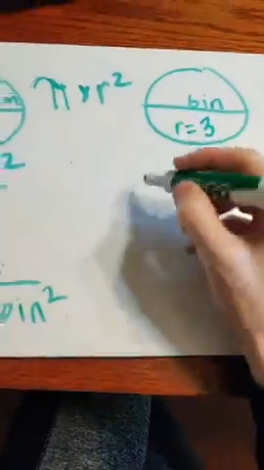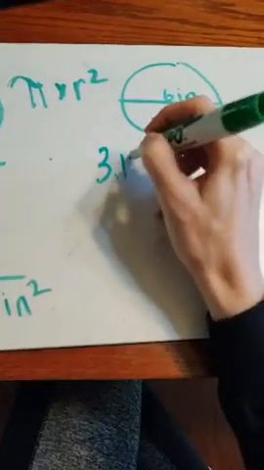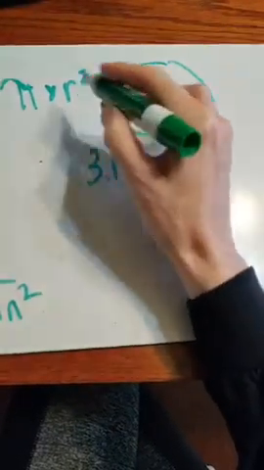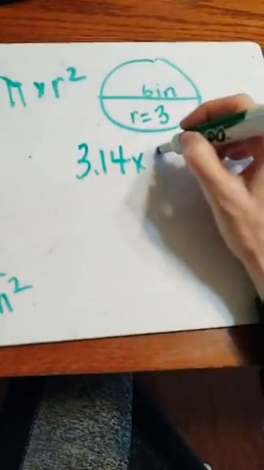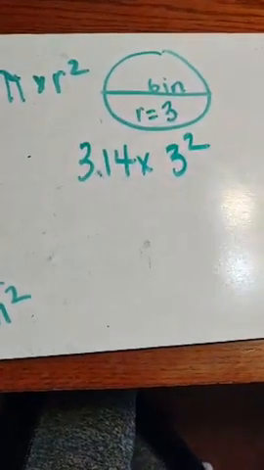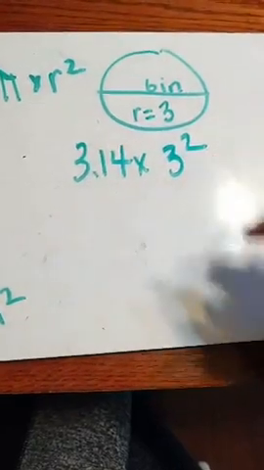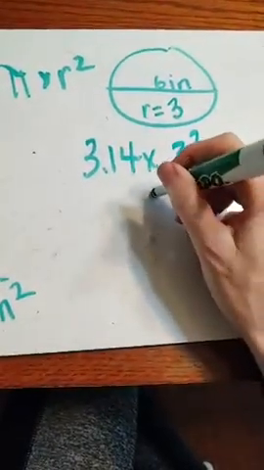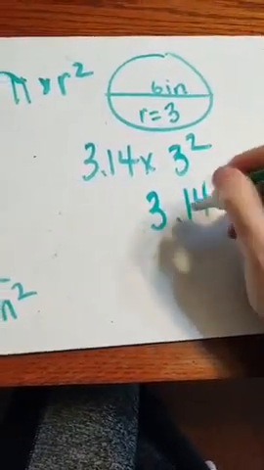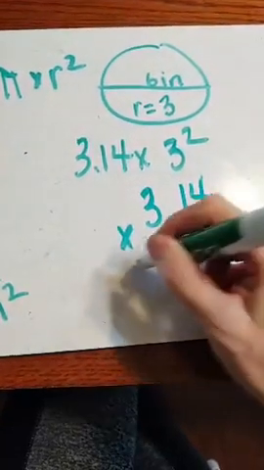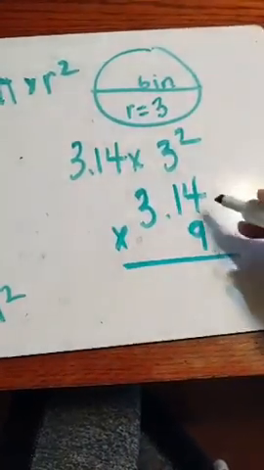Now we're ready. We have the radius. We know 3.14 times radius squared. 3 times itself, 2 times, 3 times 3 is 9. We are ready to multiply. 9 times 4.